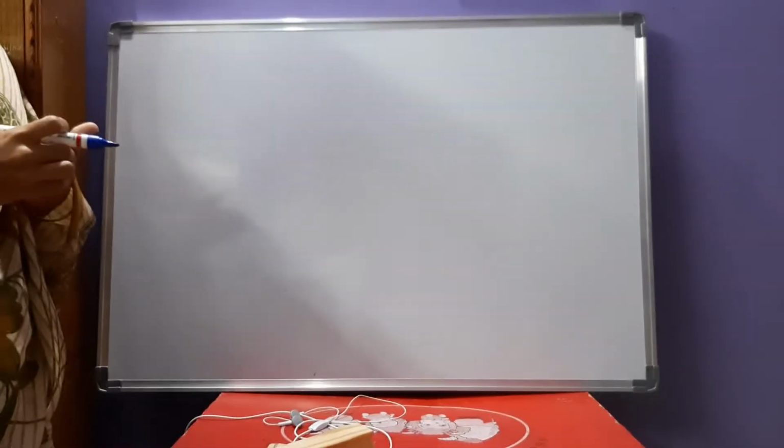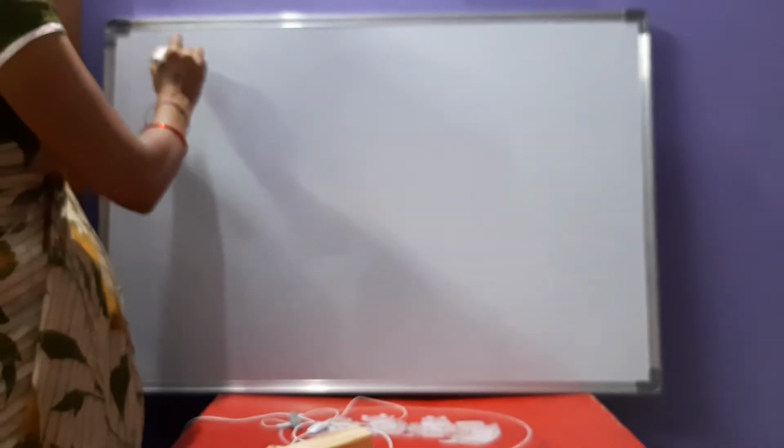Hi students, in the last class we discussed binary operators like arithmetic operators, assignment operators, bitwise operators, conditional operators and shift operators also. Okay, now we can discuss the unary operators.